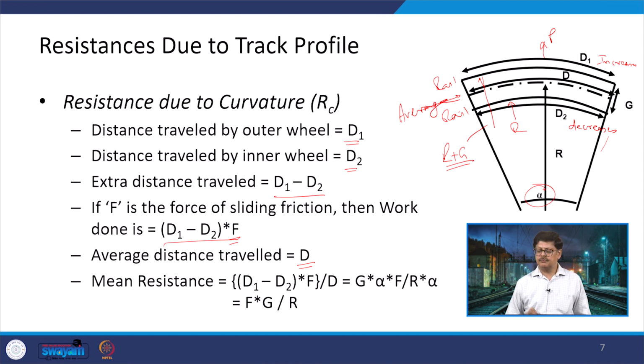So, going by the radius and the angles, it will come out to g into alpha into F divided by r into alpha, and finally it is F into g divided by r. So, this is the mean resistance which will be coming up.